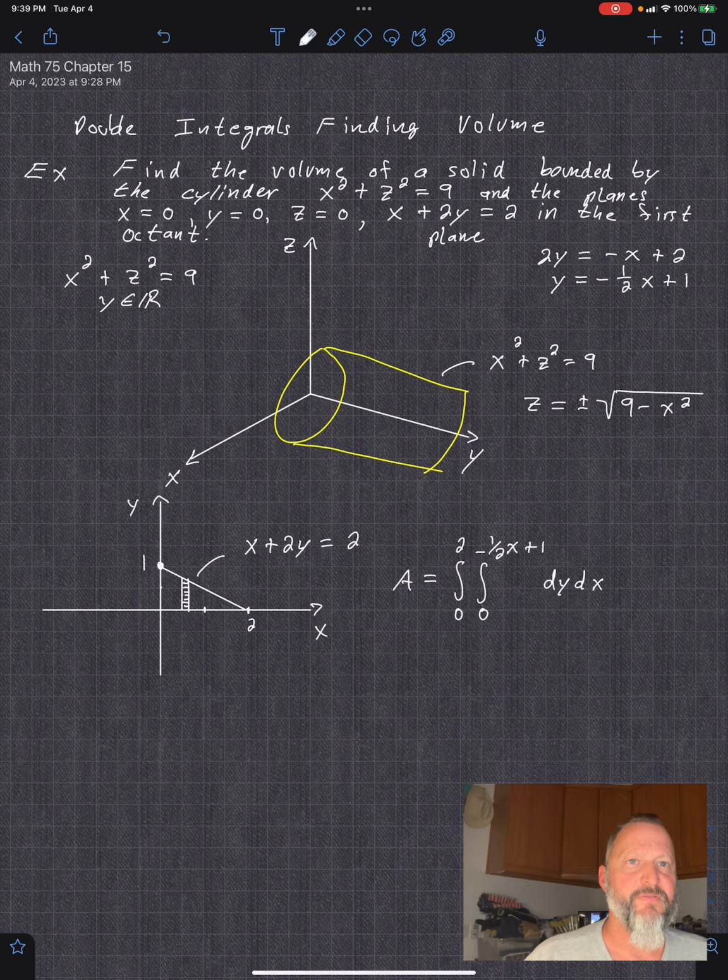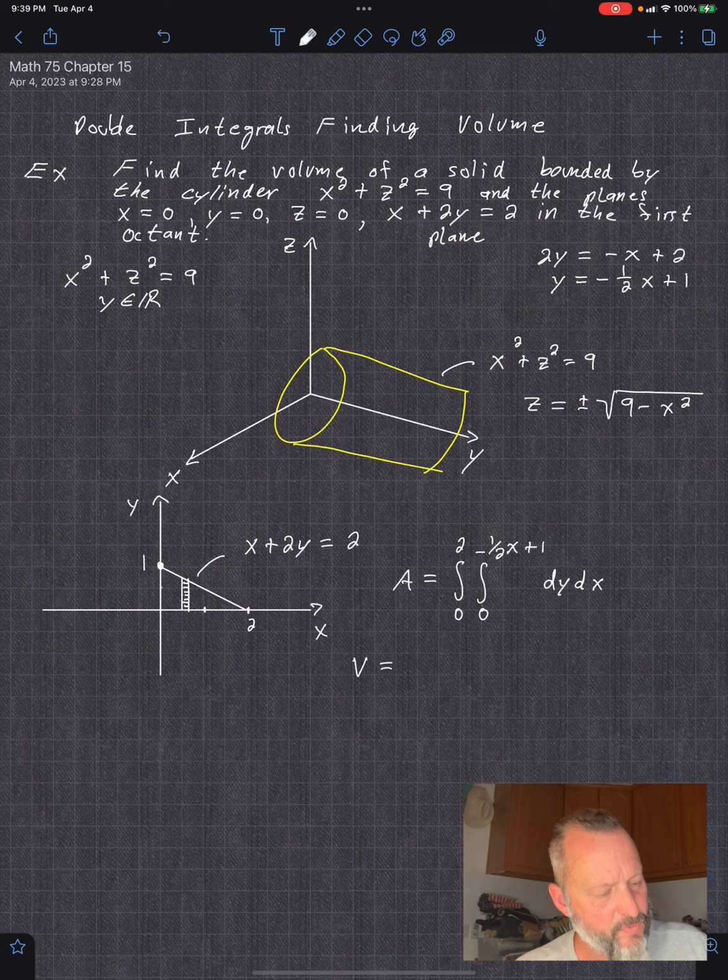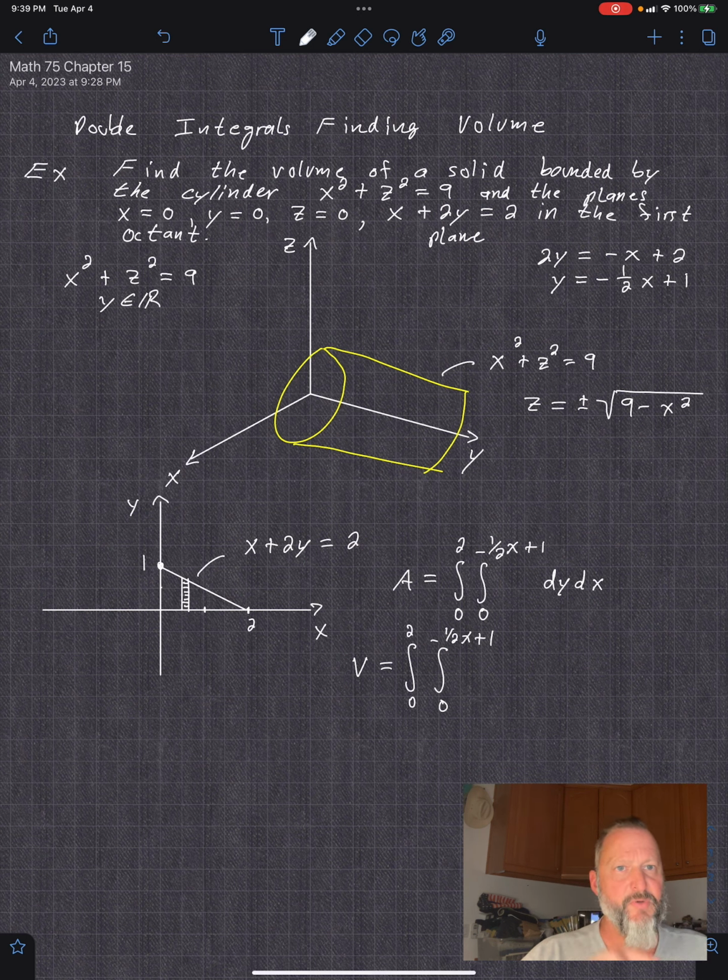But we're looking for volume. So how is volume going to look? So volume will be all of that. Okay, so it's a double integral, 0 to negative 1/2 x plus 1, 0 to 2. But now we're going to multiply times the height. So at each place, you're going up, right? So you're going to go up to the height.